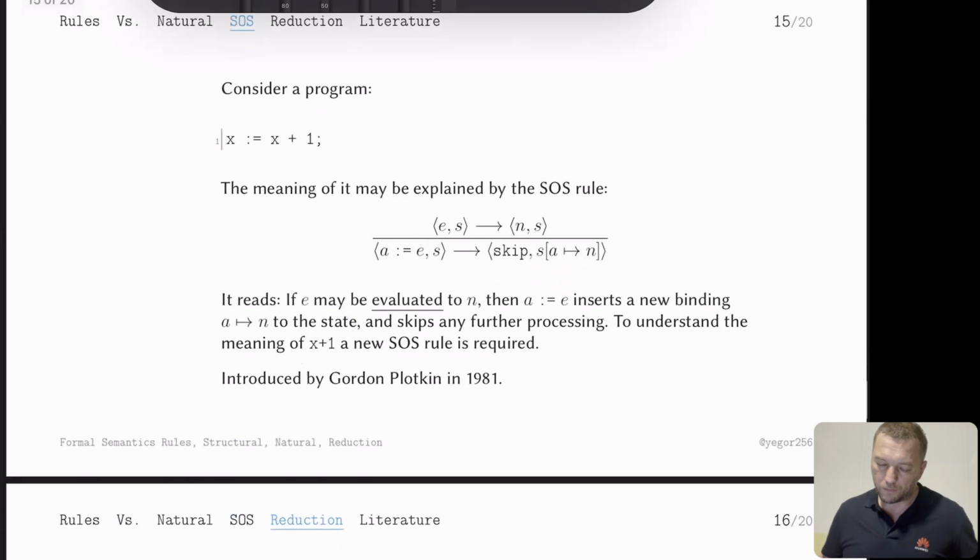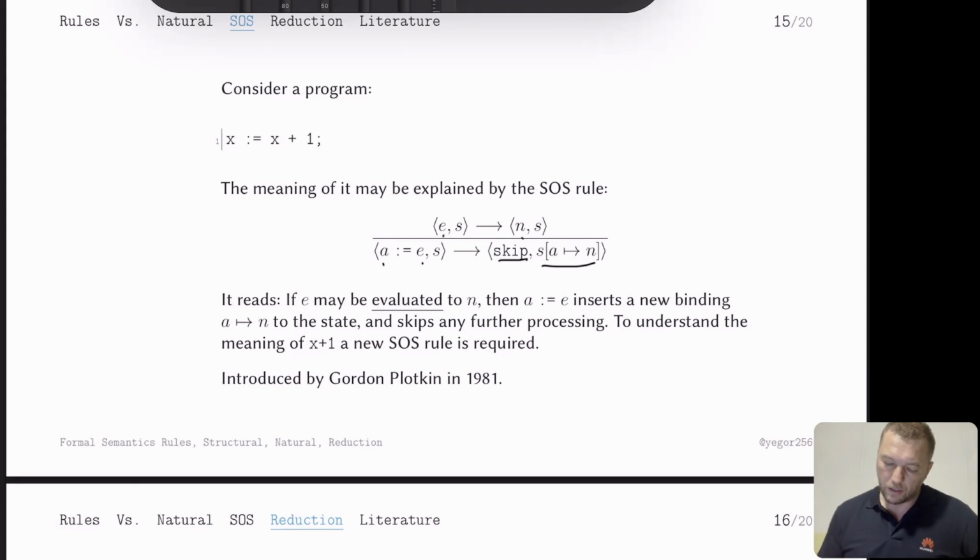So let's take a look at the program. X equals X plus 1. The meaning of it may be explained by a rule like this. A equals E. We just skip it, change the memory, if E goes to N. We already seen that before.